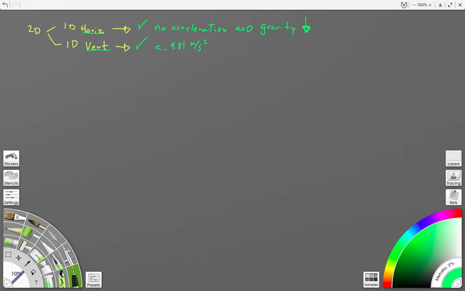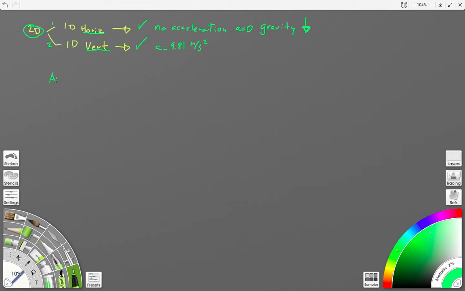The only thing that we need to do to actually do these types of problems is break down two-dimensional movement into two one-dimensional movements. So we can analyze the problem in two parts separately.